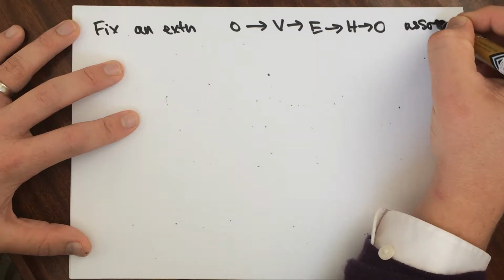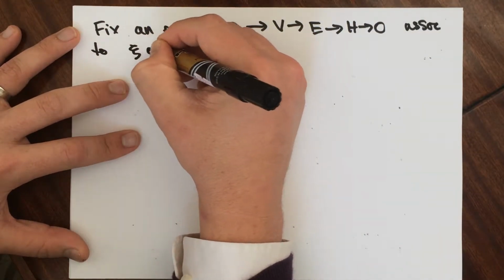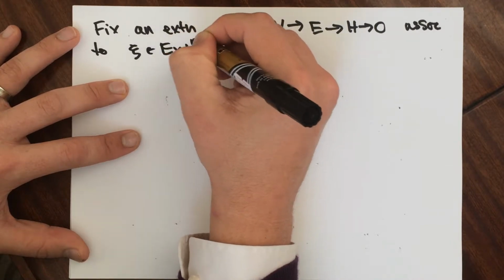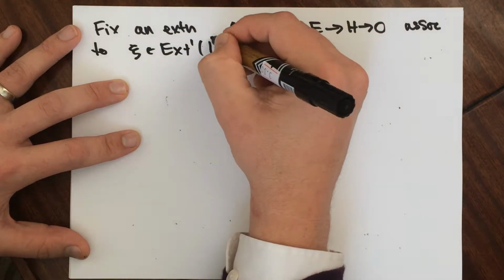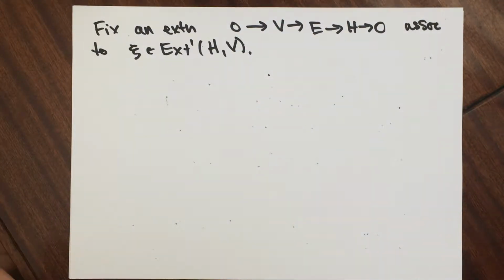Associated to, say, a class in Ext^1 of H and V. All right, so we have this now. Okay, so we're going to have these two things here.